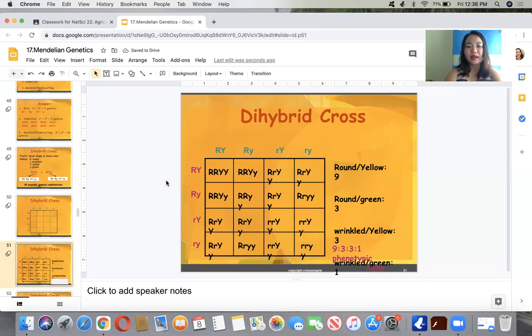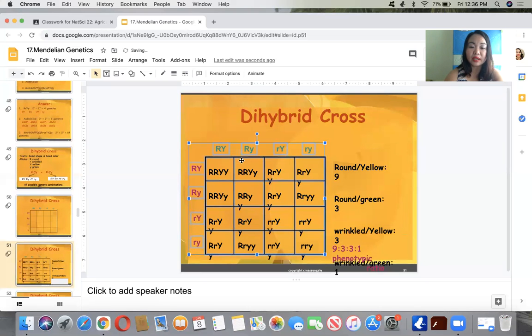As you can see here, when you pair both the dominant R and Y, you will have the double R, capital R, and double capital Y, and so on. It's just the same as we have discussed earlier, but this is just the combination of traits. You know that the pea plant has 7 traits, so you can have the monohybrid, and this time you can have the dihybrid, which involves 2 characteristics.